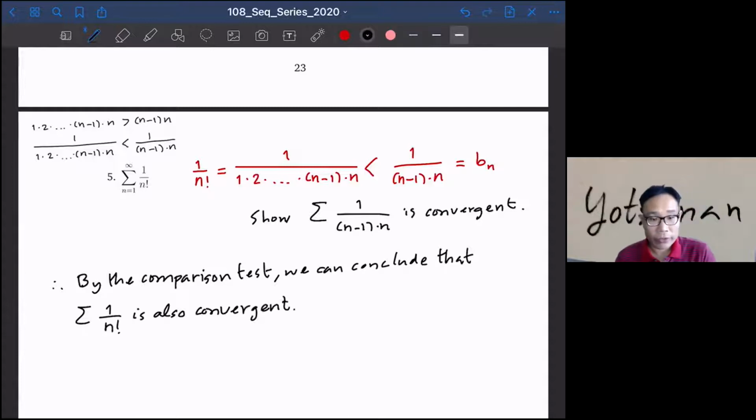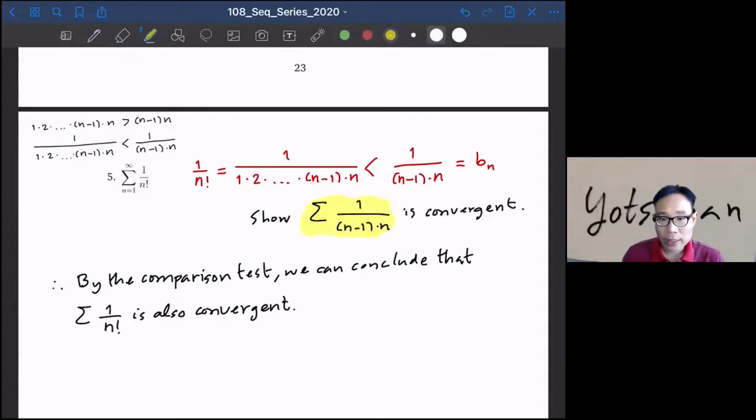So we can conclude that the series is also convergent. I will let you do this one on your own.